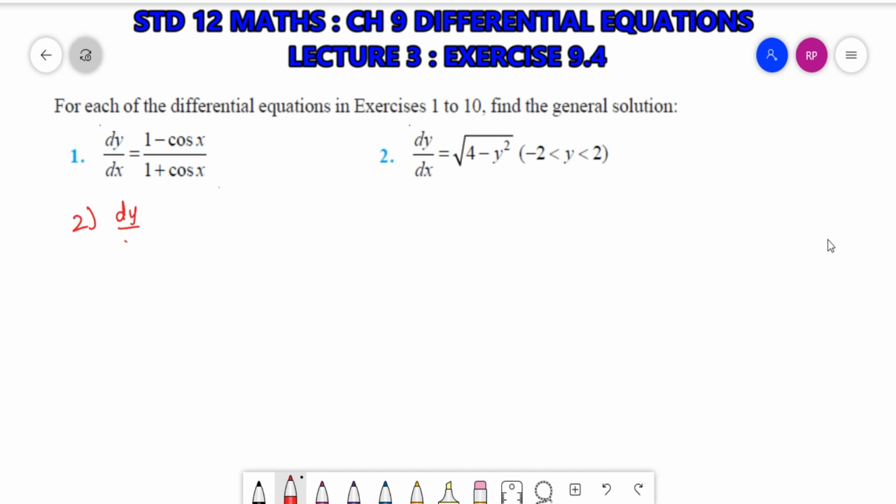So this will be dy upon root of 4 minus y square equal to dx. Now integrate on both sides.